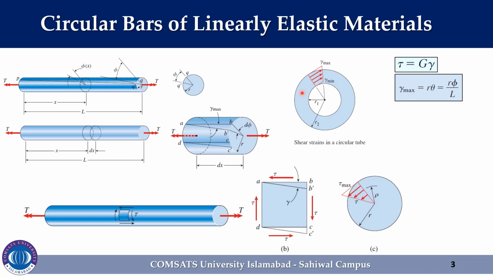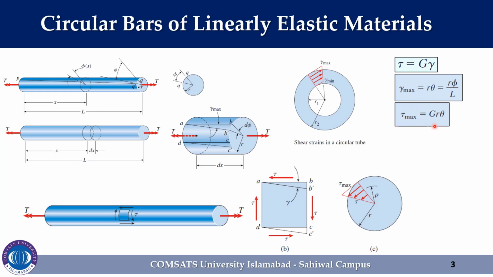We already discussed these equations in the previous lecture. Gamma max is equal to r theta, that is also equal to r phi over L. After replacing gamma with tau over G, the equation for maximum shear stress becomes tau max is equal to G r theta.